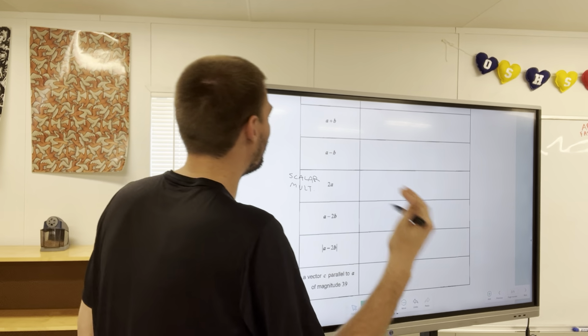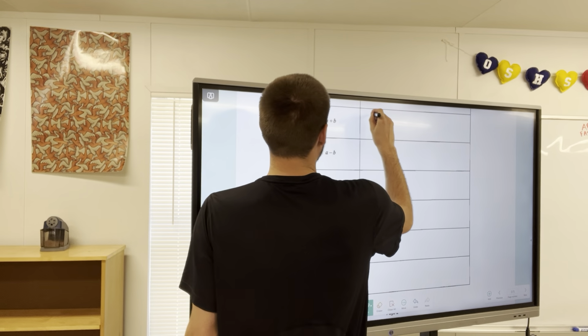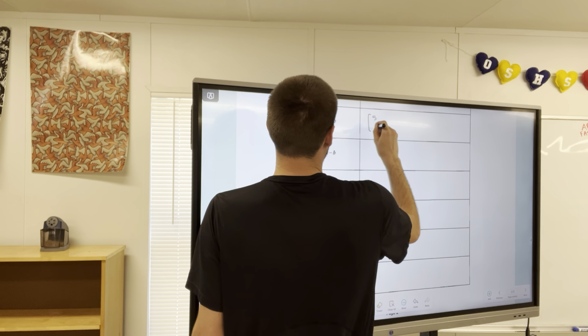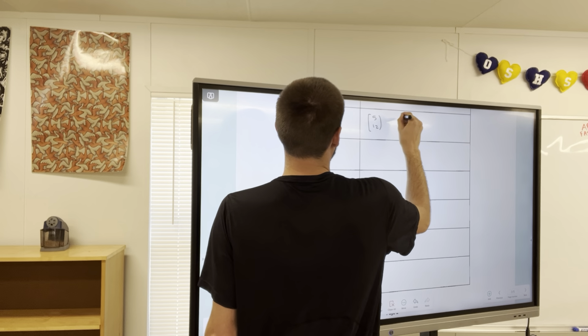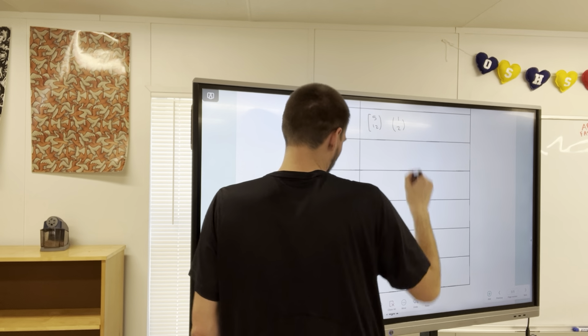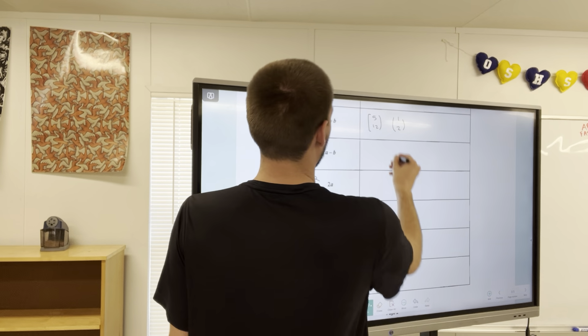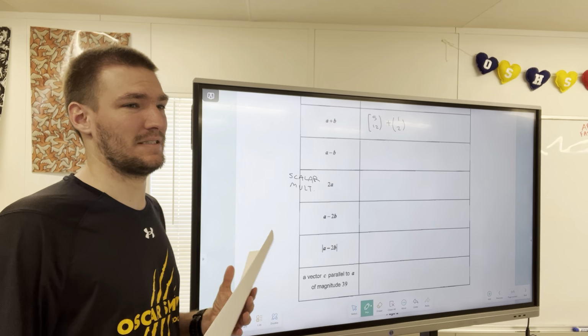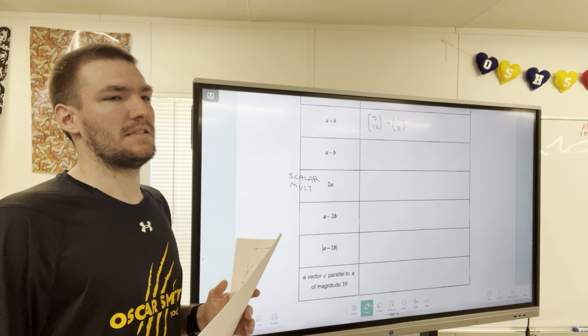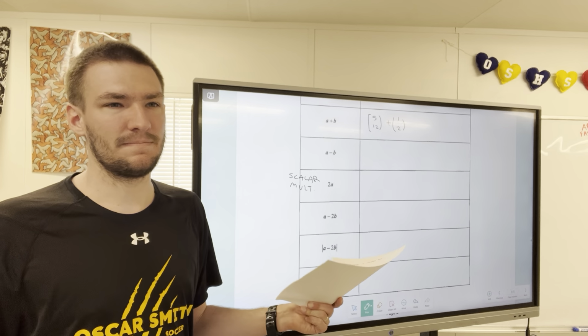If it says A plus B, let's write down the A, 5, 12, and the B, which is 1, 2. It's 1, 2, right? It's not 2, 1. How do you think you add these up? You just add them up, right?